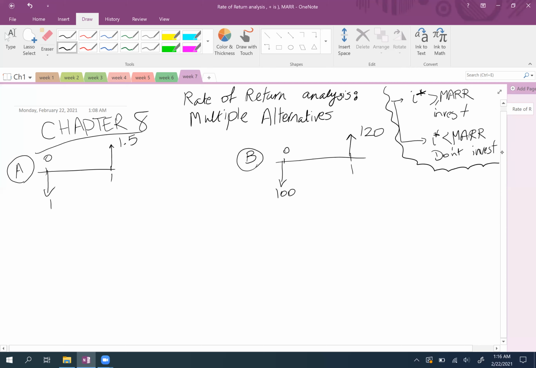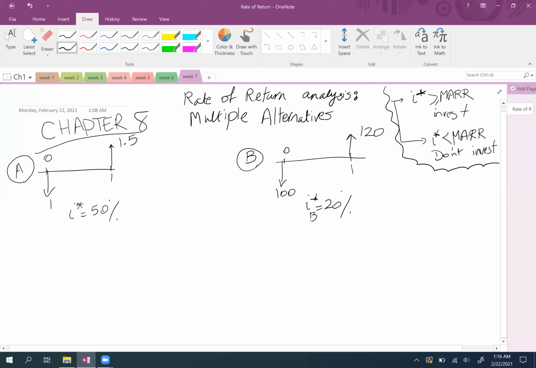Let's look at the rate of return for each of these alternatives. For alternative A, it's obvious that the rate of return is 50%. The rate of return on the second one is 28%.